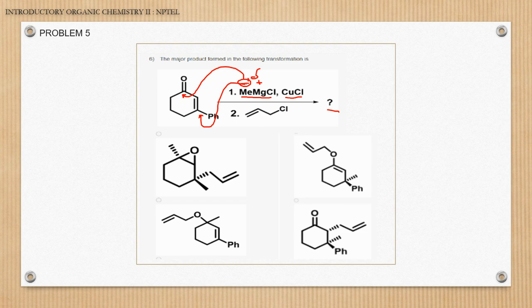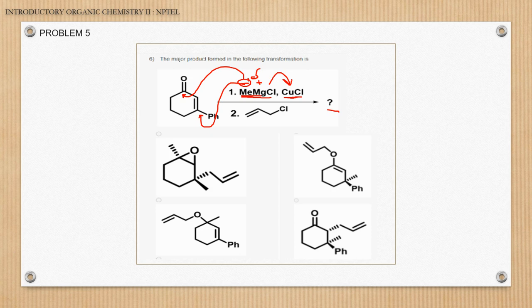So here, first of all, in the presence of copper chloride a metal exchange takes place between magnesium and copper, and the insertion of copper into the methyl bond will give you a soft nucleophile. So a hard nucleophile is converted to a soft nucleophile in the presence of copper in the reaction mixture.